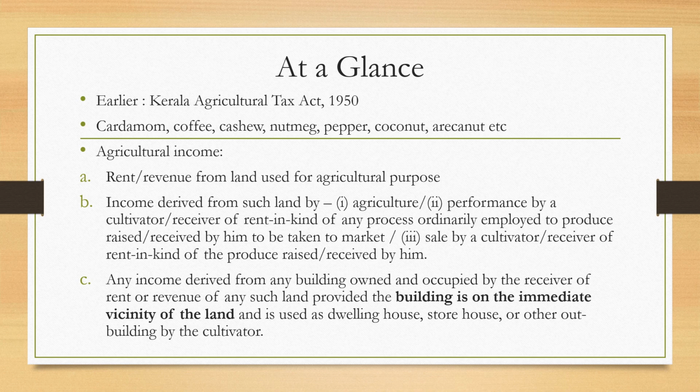So the act aims to tax agricultural income mostly from cash crops, from people holding agricultural land in excess of 5 hectares. Paddy crops and people with small holdings of less than 5 hectares are exempted from the agricultural income tax.